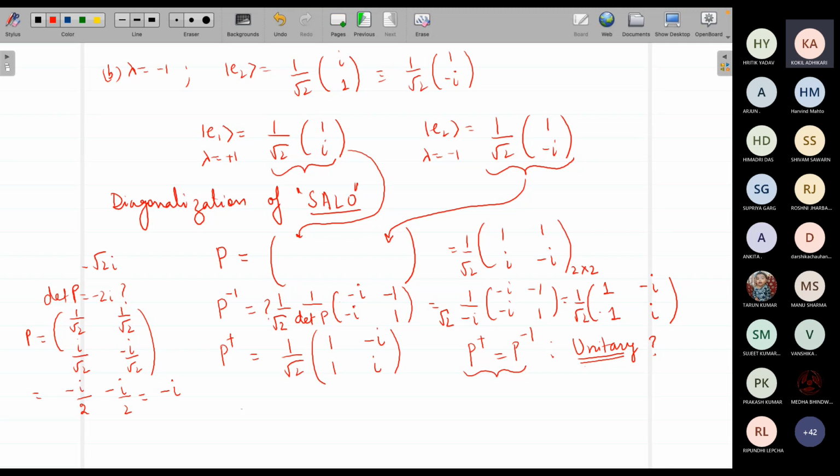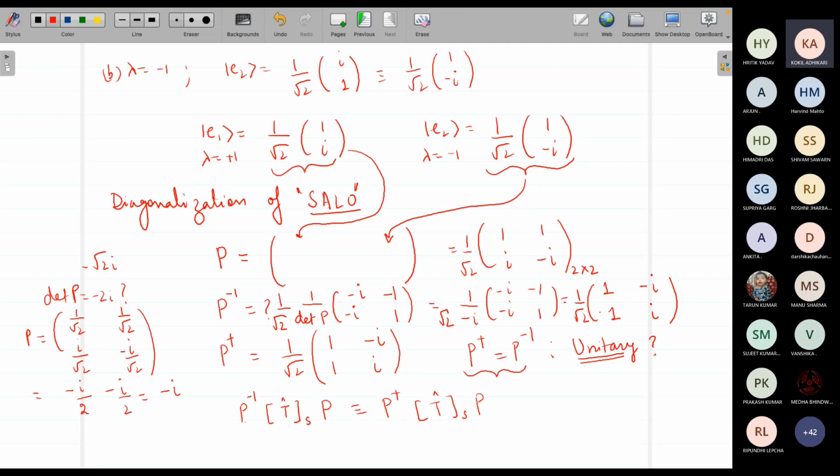And now the final thing which I want you to do, a little bit lengthier: P inverse, and then T operator times P. Remember that we have our linear operator given in the orthonormal basis.